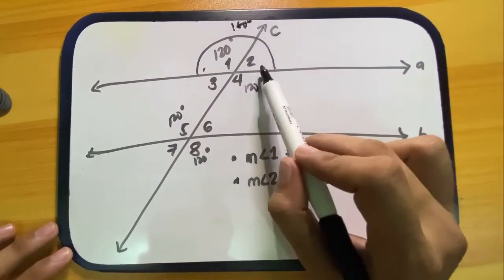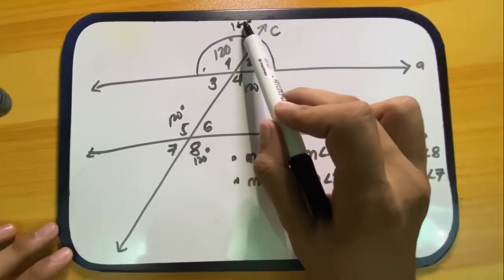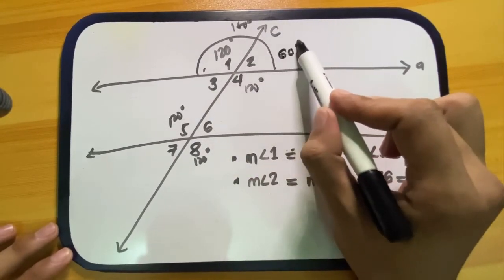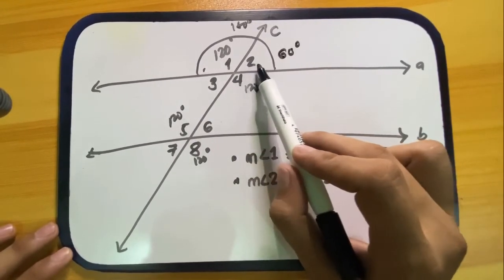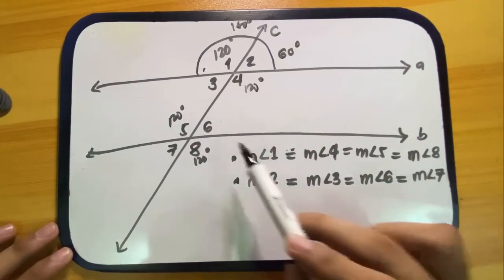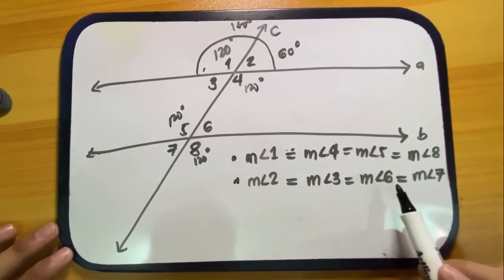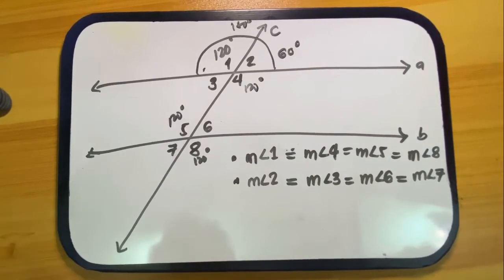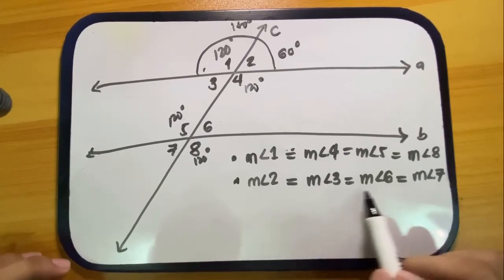So to get the measurement of angle 2, 180 minus 120, that is 60 degrees. So therefore, angle 2 is 60 degrees. The same also with angle 3, angle 6, and angle 7. So these are the measurements of the 4 angles.